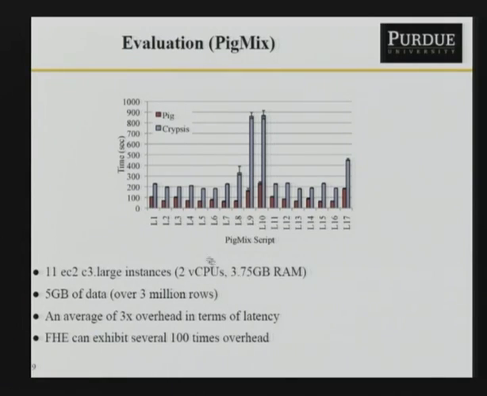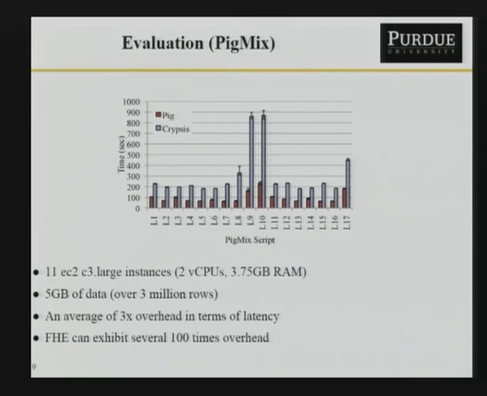The x-axis here lists all the scripts from 1 to 17. There's a total of 17 scripts. The red bars show the runtime of the scripts on plain text data, so without our system. And the blue bar shows the same execution with Crypsis.